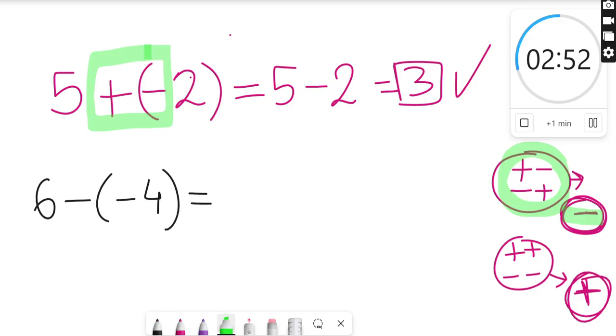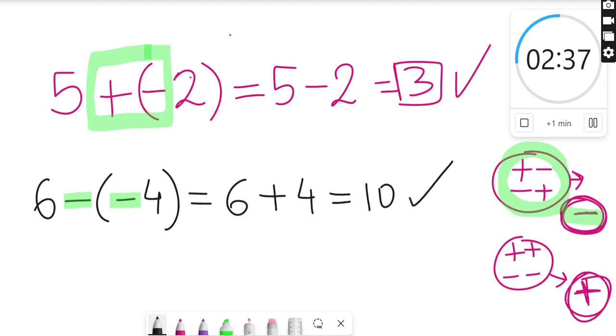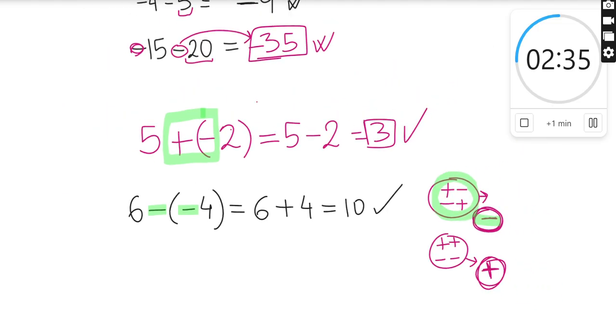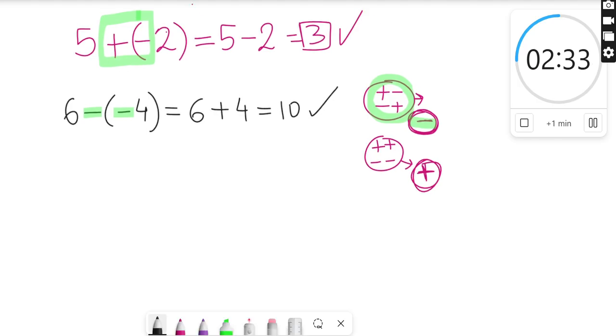So what did we say? Minus and minus next to each other. Only when they are next to each other, they turn into plus. So it becomes 6 plus 4. 6 plus 4 equals 10. Done. All right? I hope that you are taking notes and copying this, writing this down.